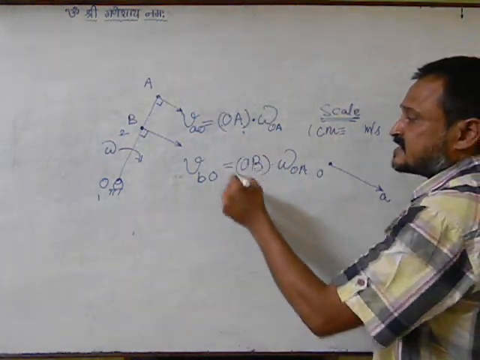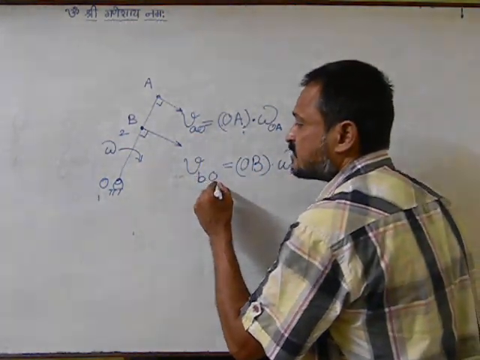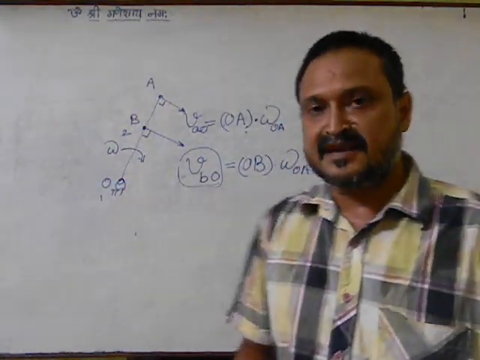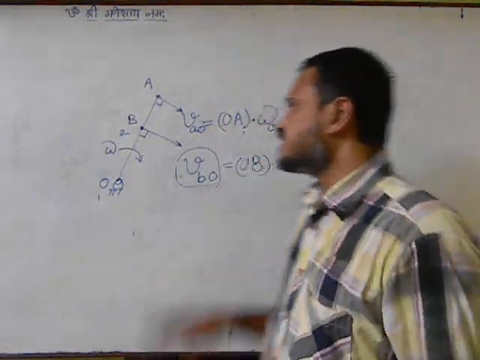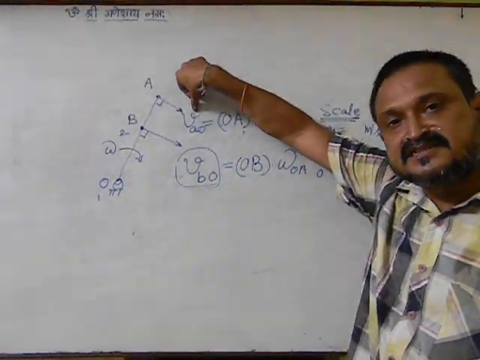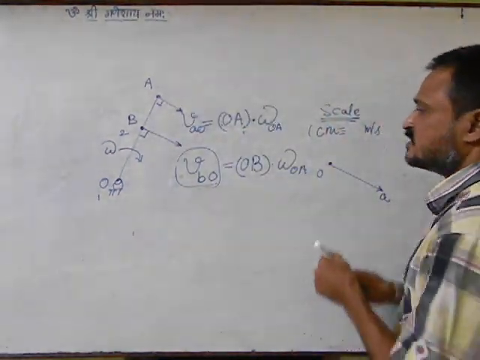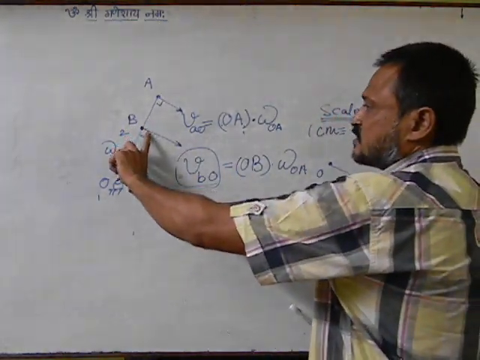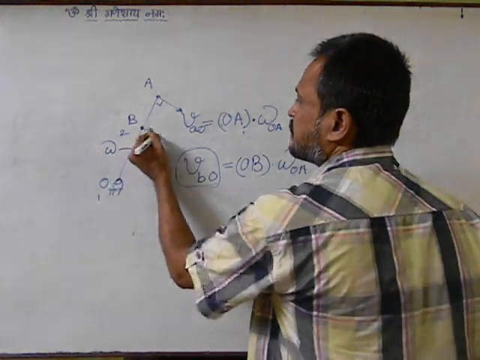As the radius has changed, the magnitude of the linear velocity of B with respect to O will be different from the instantaneous linear velocity of A with respect to O. But the direction will be the same. So if it is smaller, then I will get this vector to be smaller than this.